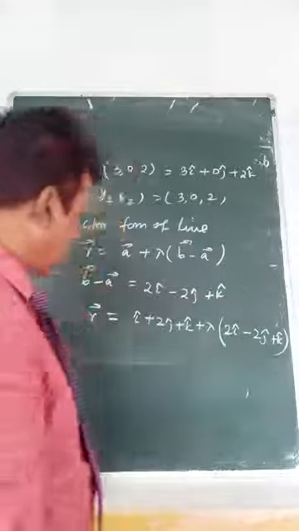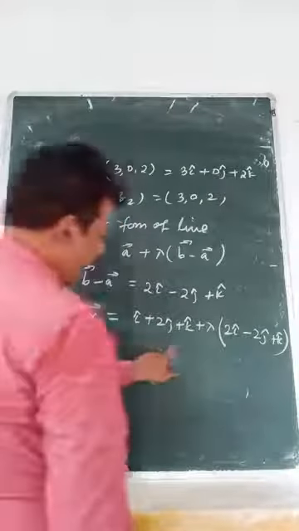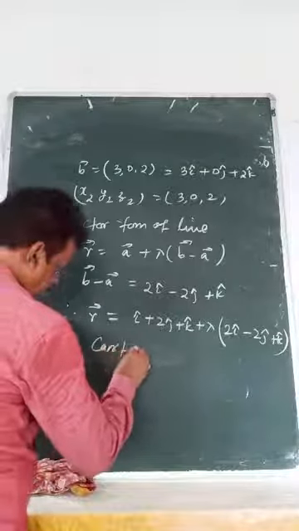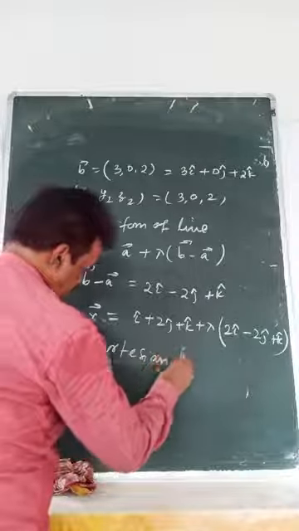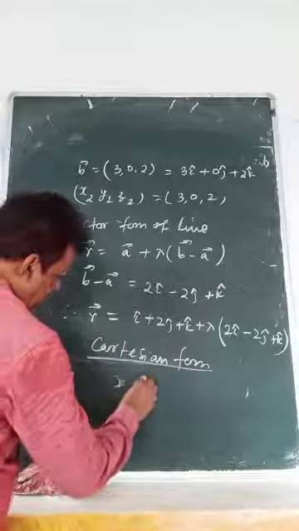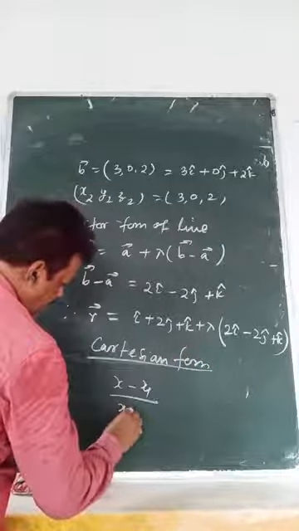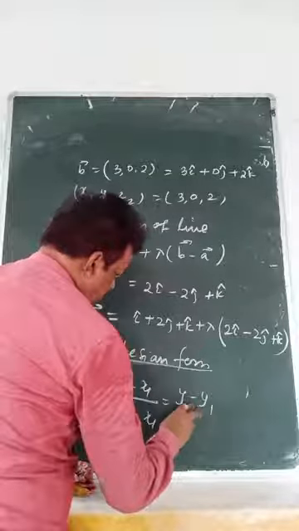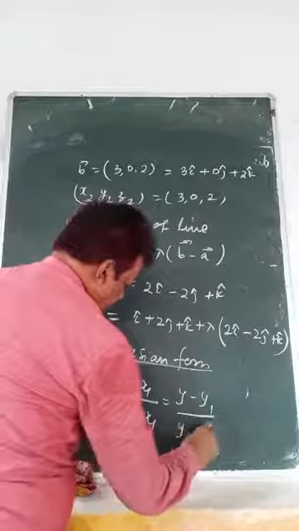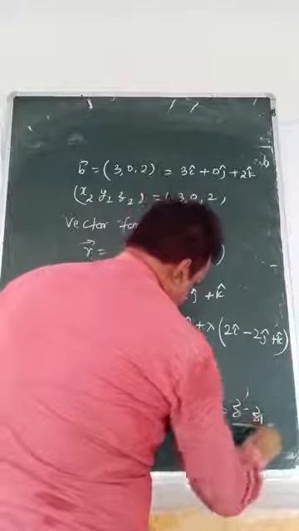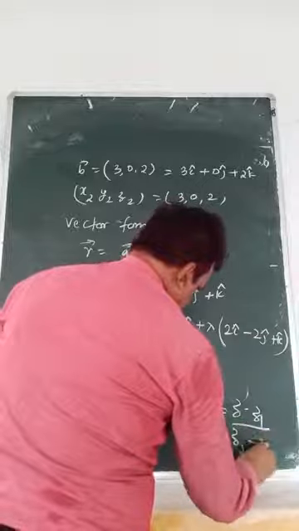Okay, now look at here, Cartesian form. The Cartesian form formula is x minus x1 by x2 minus x1, y minus y1 by y2 minus y1, z minus z1 by z2 minus z1.